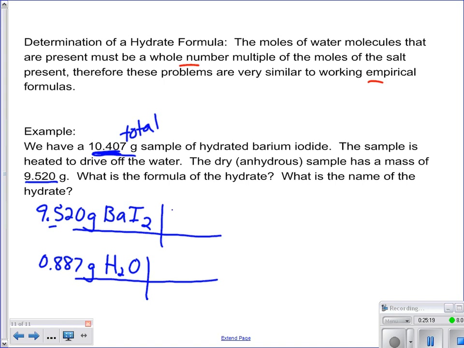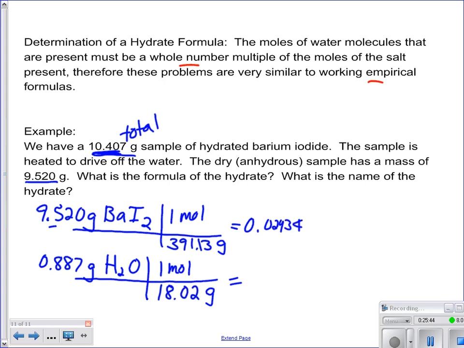So we know 1 mole of barium iodide, we add that up ever so quickly, and we get 391.13 grams. And 1 mole of water, you might start memorizing this, is 18.02 grams. So when you go through the math, you get 0.02434.